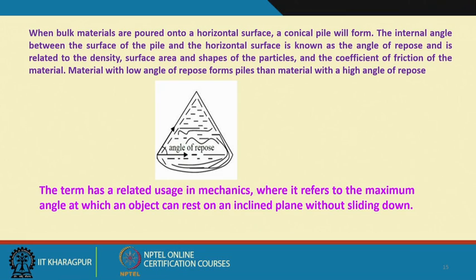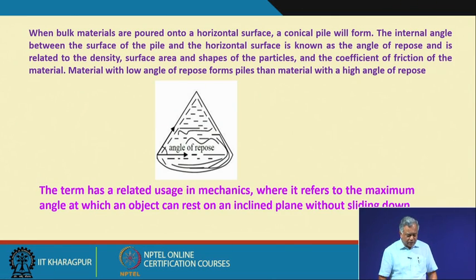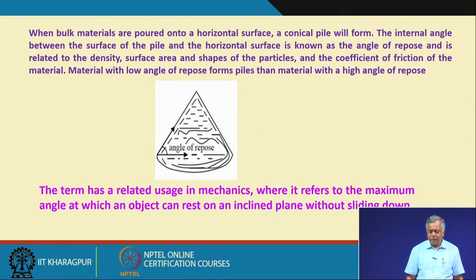So, this angle is in the range of 0 to 90 degrees. Look at this. If you have a very high angle of repose, that means it is very close to the vertical. Suppose your material is just vertical, it is impossible to have any angle of repose like that, it is generally cone shaped.